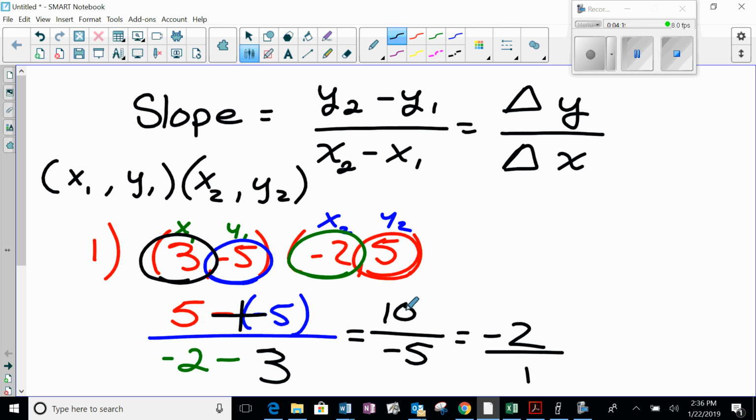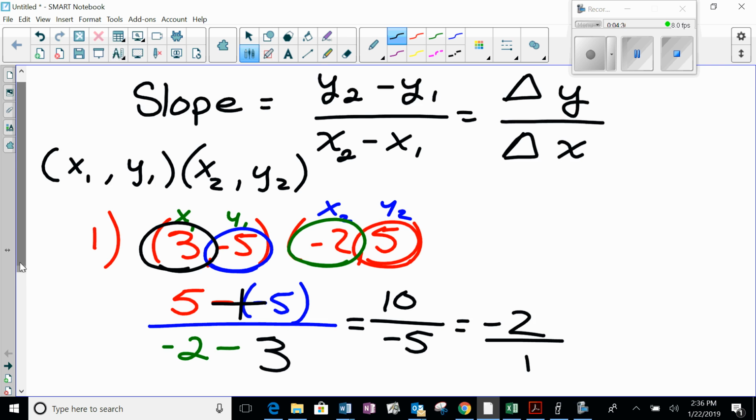We added the two numbers in the top because the negatives canceled out. We added the two numbers in the bottom because two negatives gave you a negative 5. And then we divided 10 divided by negative 5 to get a negative 2. All right, let's move on to number 2.